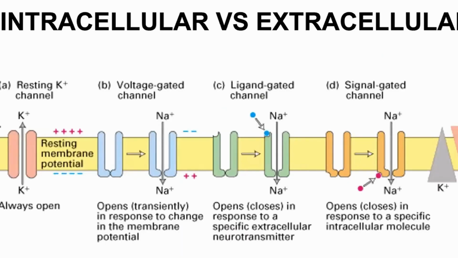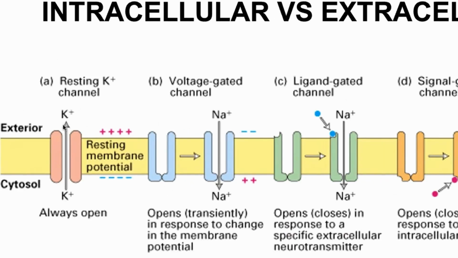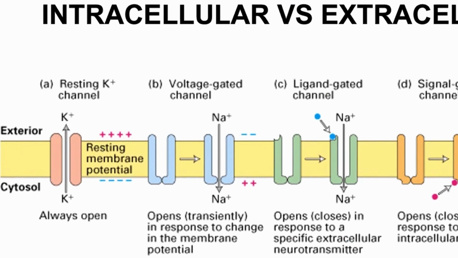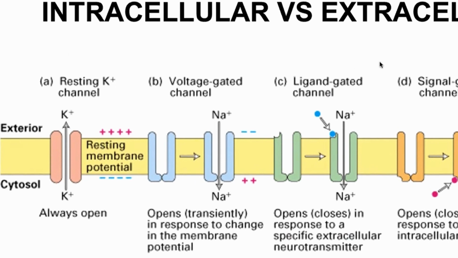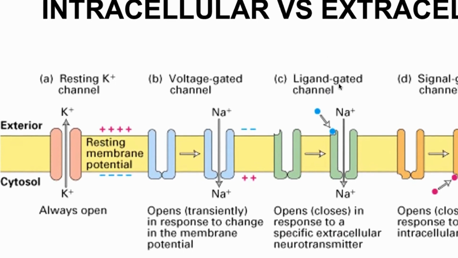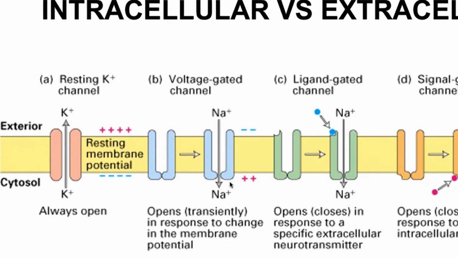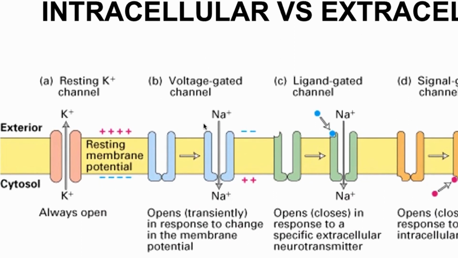And this is just showing again the intracellular versus the extracellular compartment. It's also showing the resting channel of potassium that is always open. In the neuron, remember that potassium is higher in concentration in the intracellular compartment. The sodium is higher in the extracellular compartment. In order to stimulate an action potential, the voltage gated channel will have to open and a lot of sodium will have to enter.